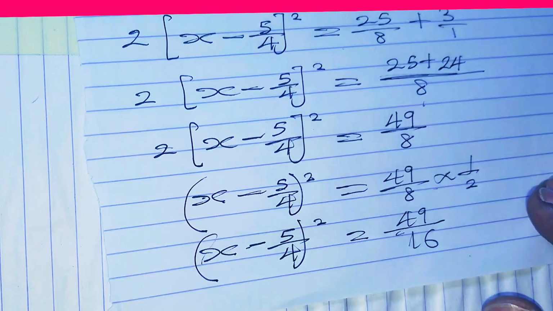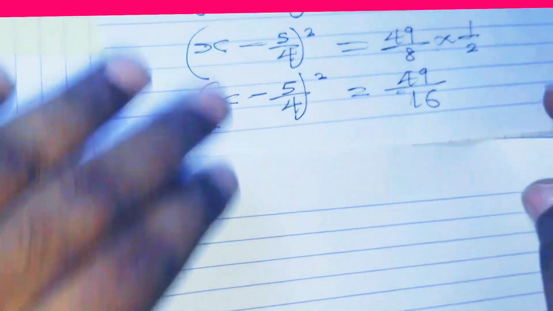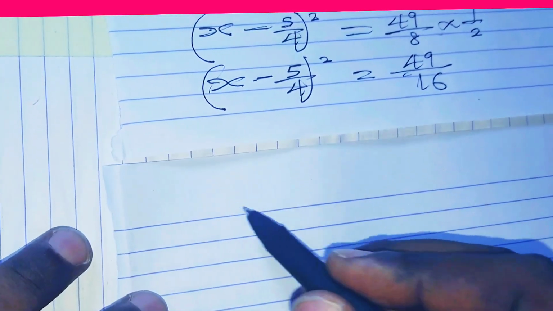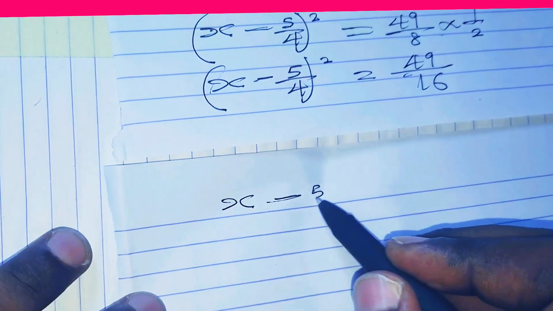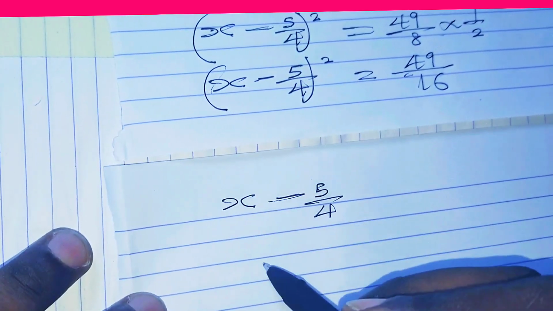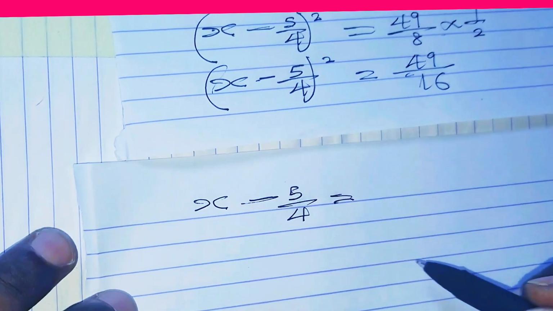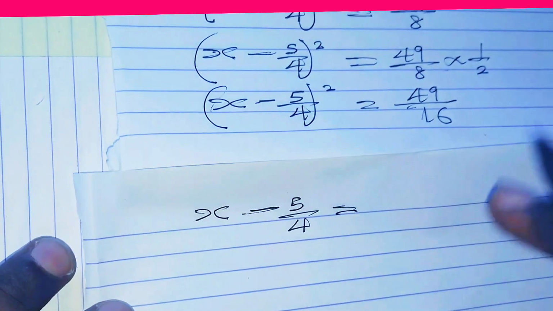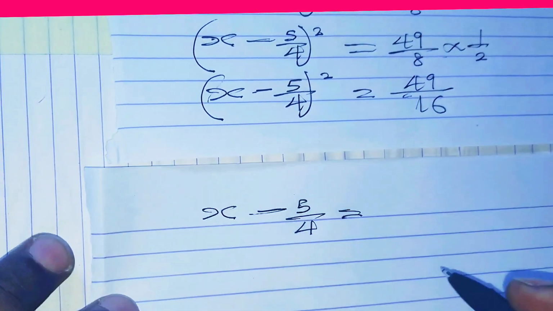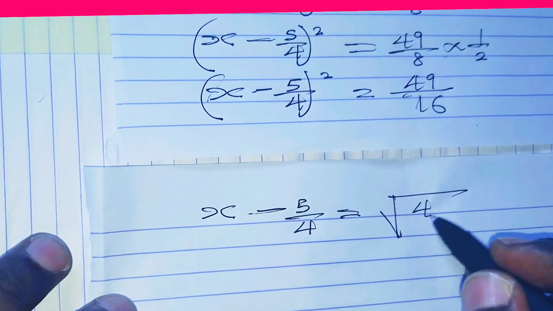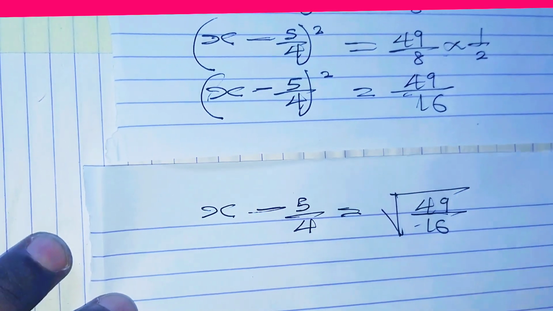And then we go ahead to write x minus 5 over 4. This square here, of course, when you take the square root of both sides, that's the square root of 49 over 16.